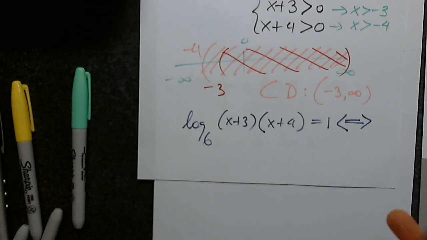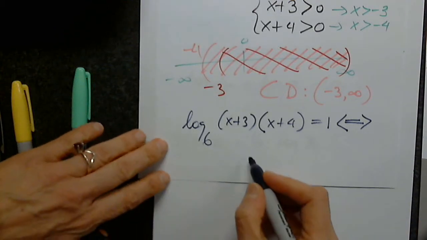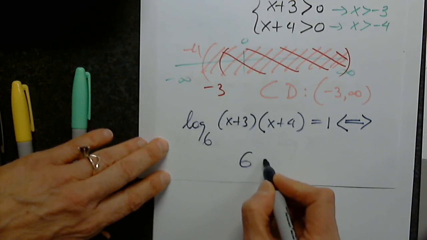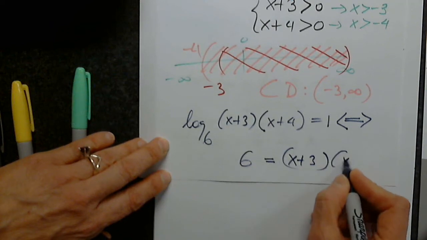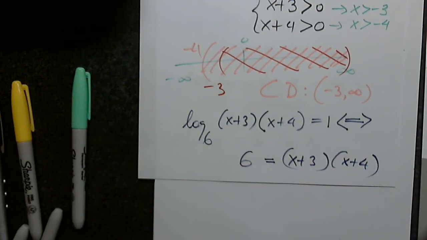So how do I write this again then? Indeed. So I changed the log equation into an exponential equation. It turned out that it's even easier than an exponential equation. What type of equation is this?